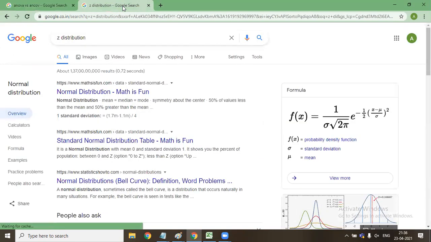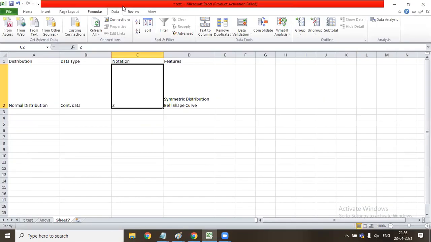Every one of us has a name in office, a name in school, and a name at home. Z is the name at home. Why do we call it the name at home? Because it refers to a table known as the Z table, which I'll tell you about later. So the normal distribution is known by the name Z. Are you with me? Yes.